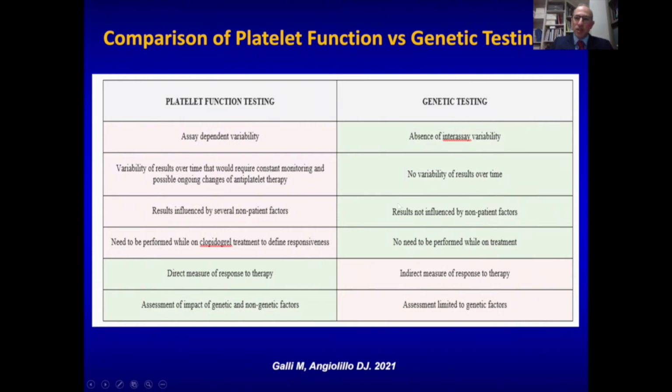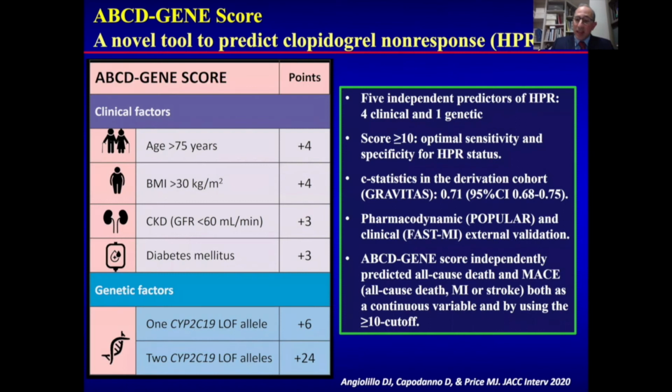And this is the advantage of genetic testing, because genes don't change. The only issue is that genetic testing is not always a direct measure of response. But we can improve the accuracy by the way we use genetic testing and predict response by using a score.